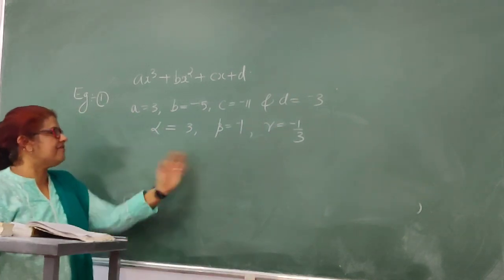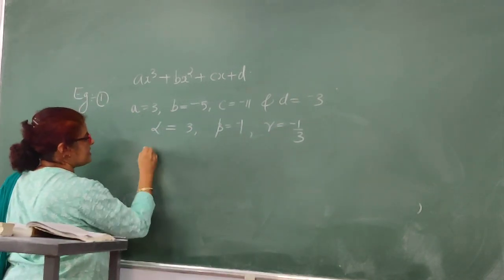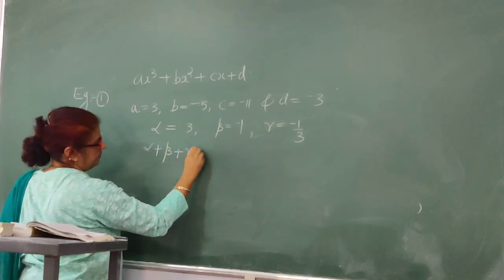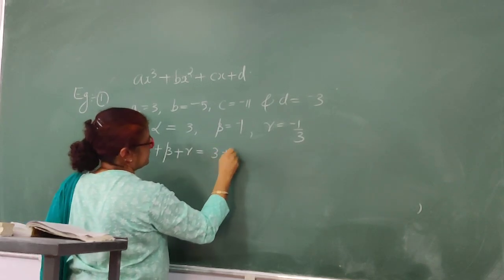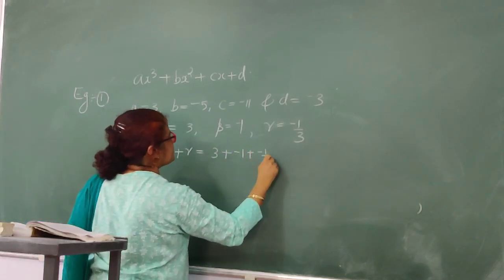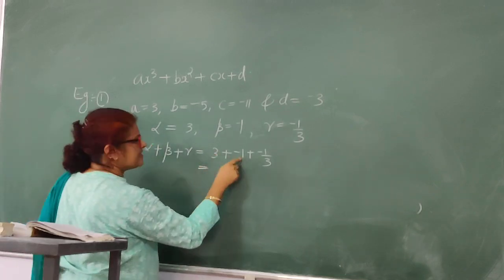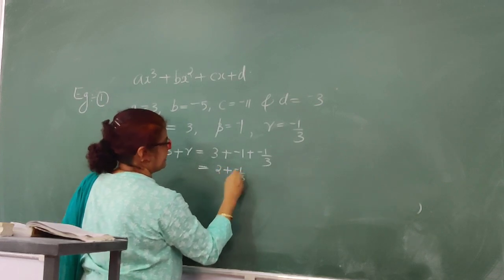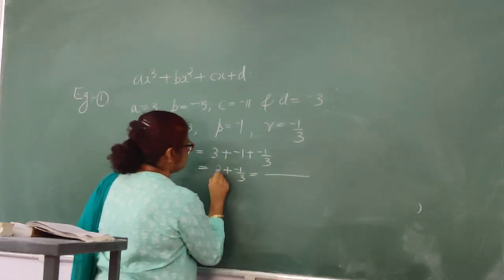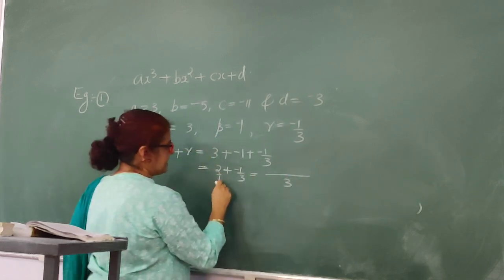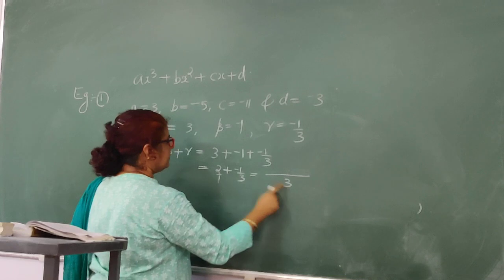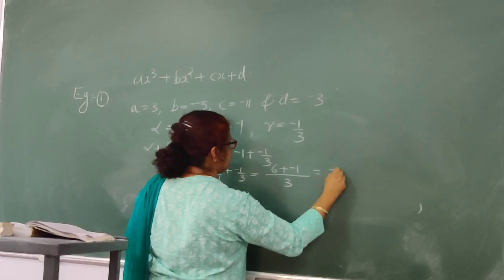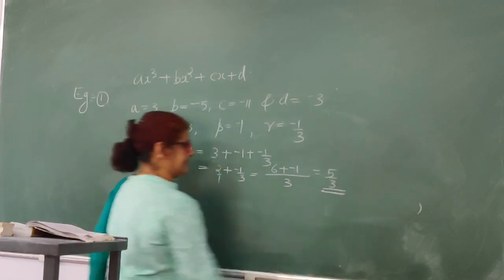Now we are going to verify the relationship. Sum of zeros taken one at a time. Alpha plus beta plus gamma is equal to 3 plus minus 1 plus minus 1 by 3. 3 plus minus 1 we can combine here itself. That is 2. 2 plus minus 1 by 3 is equal to, LCM of 1 and 3 is 3. 3 into 2, 6 plus minus 1 is equal to 5 by 3.